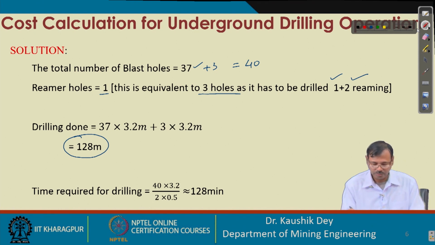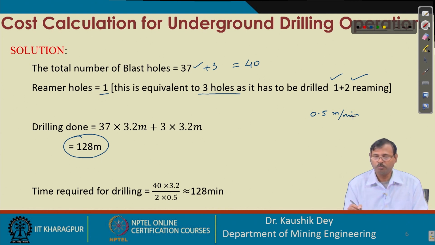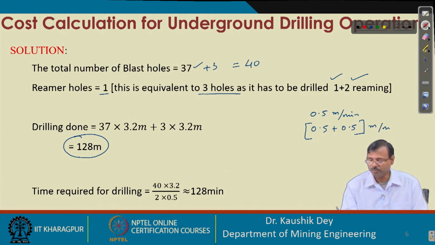Now, your drilling rate is given as 0.5 meter per minute, but we have 2 booms, so 0.5 plus 0.5, operating simultaneously. So we are achieving 1 meter per minute of drilling.